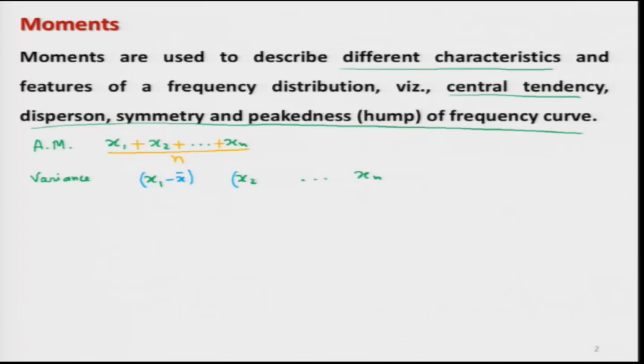So, we obtained x1 minus x bar, x2 minus x bar up to xn minus x bar, and after this we squared them. All the deviations were squared, and then we simply took the arithmetic mean of these squared deviations.